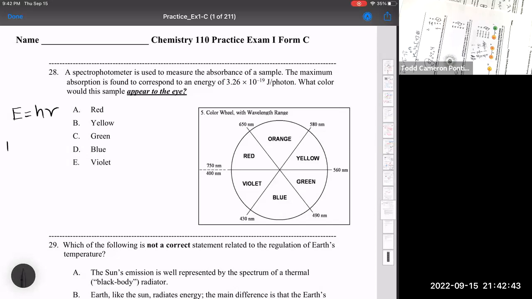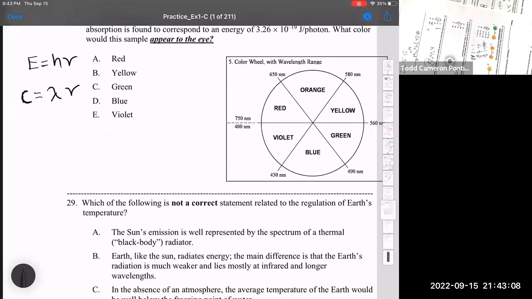The other one is the speed of light is equal to lambda, the wavelength of a photon, times frequency. Honestly, there's a more useful, generally speaking, form of these equations if we combine them together. It's not on your data table. You don't technically need it, but it's pretty useful.